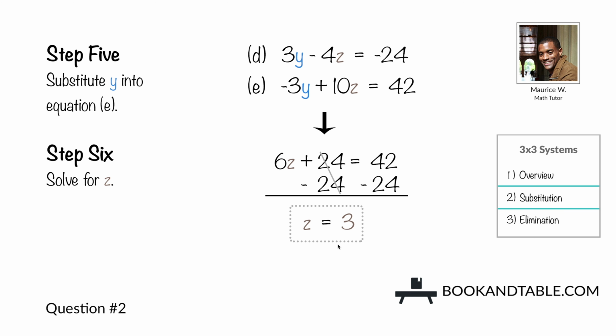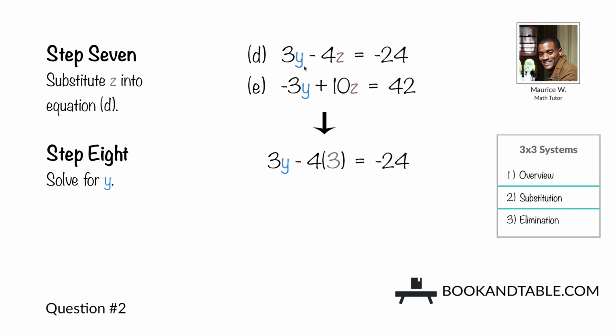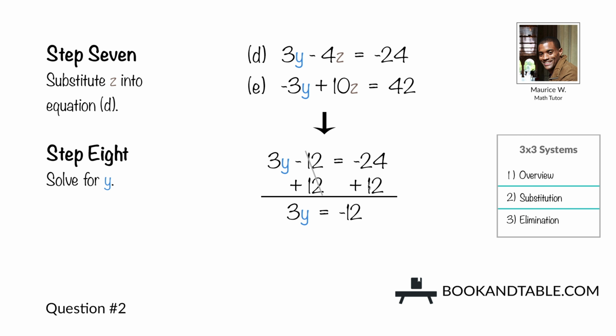So now that we have solved for z, step 7 is to substitute z is equal to 3 into equation D here. And then step 8, solve for y, giving us 3y minus 4 times 3, which would be 12, is equal to negative 24. We'll now add 12 to both sides, giving us 3y is equal to negative 24 plus 12, which would be negative 12.